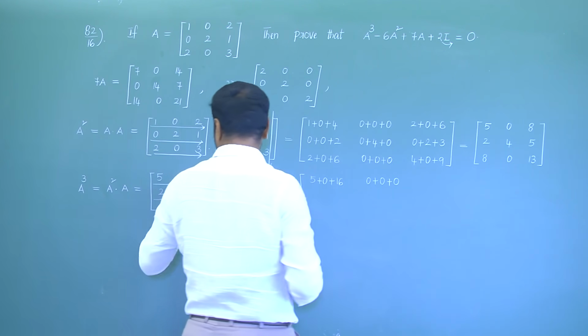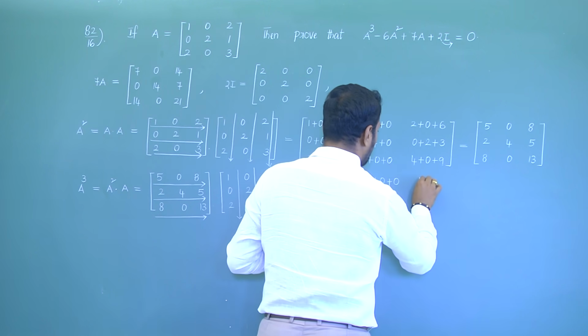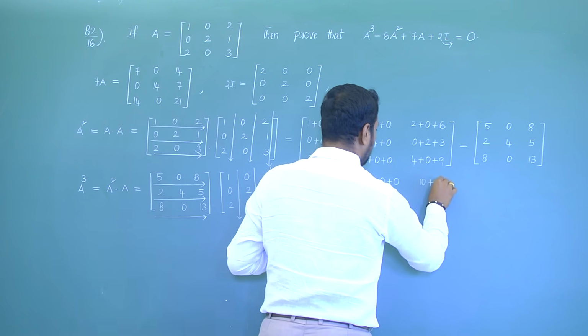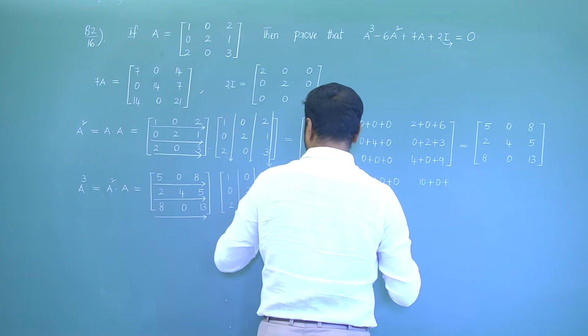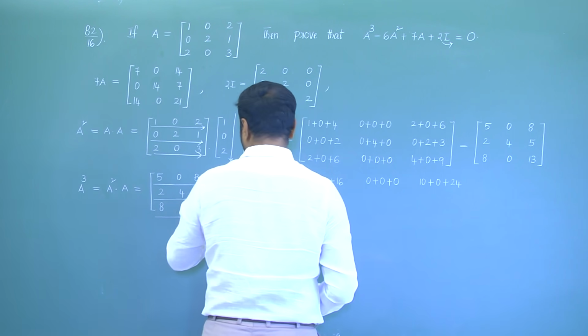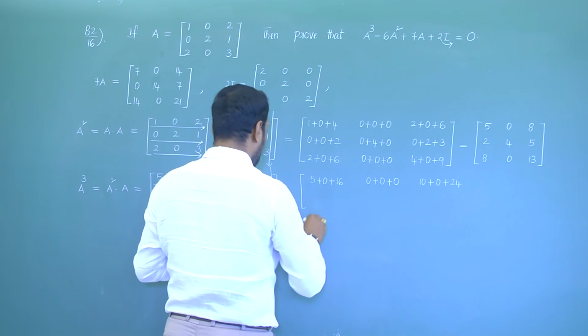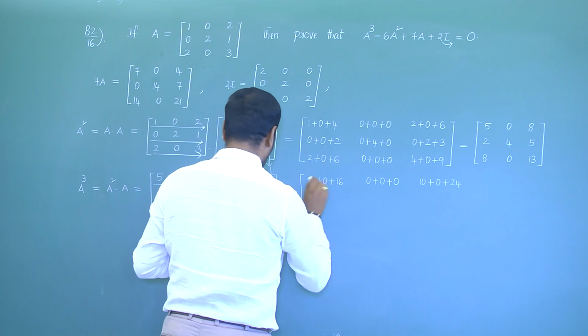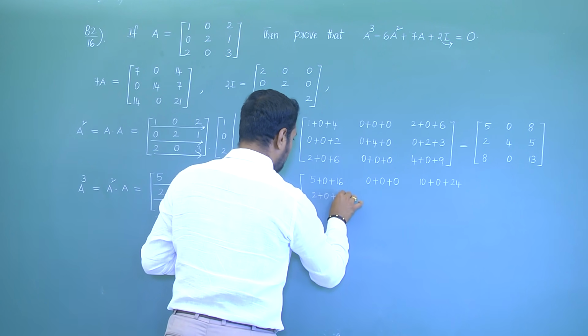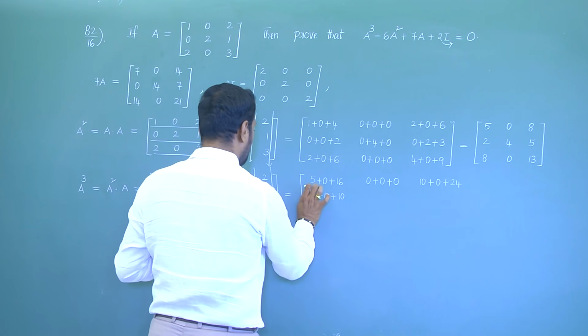First row, third column: 5 into 2 plus 0 into 1 plus 8 into 3, 24. Second row, first column: 2 into 1, 2 plus 4 into 0, 0 plus 5 into 2, 10.